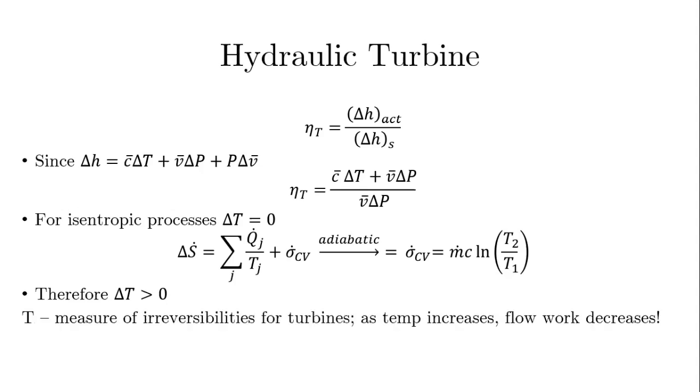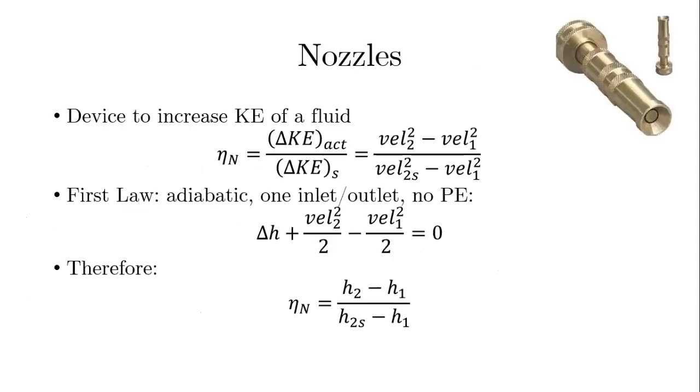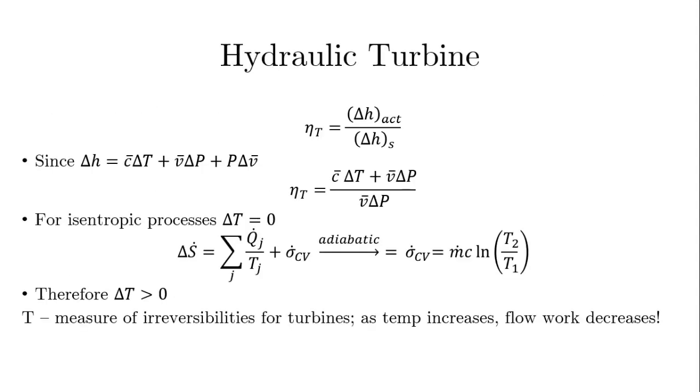The higher the delta T, the more irreversibilities you have in your turbine. And so you could think of it as a way to ask, why is the temperature increasing? Maybe because of friction, maybe because of other types of dissipative effects within your turbine.